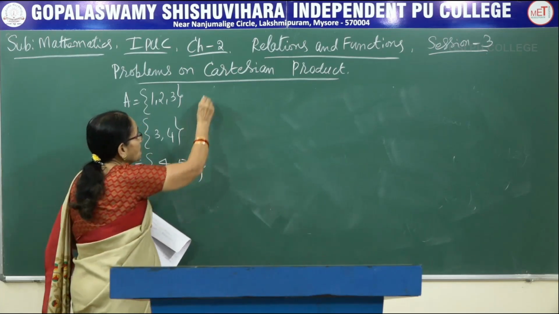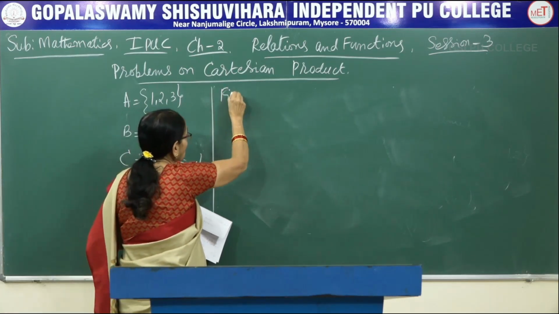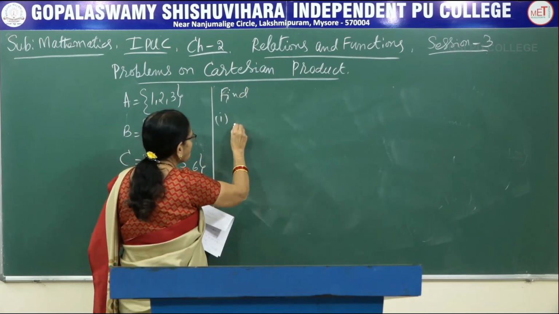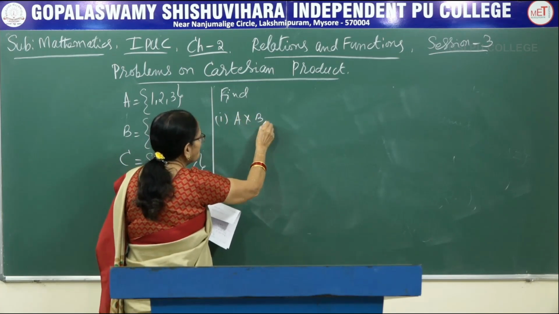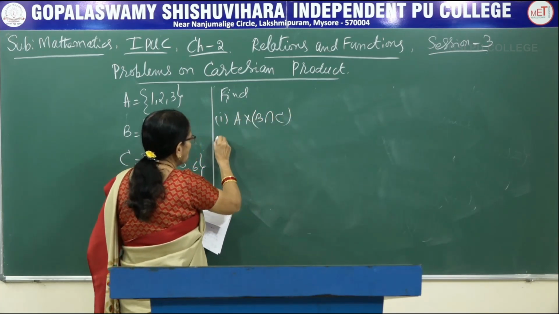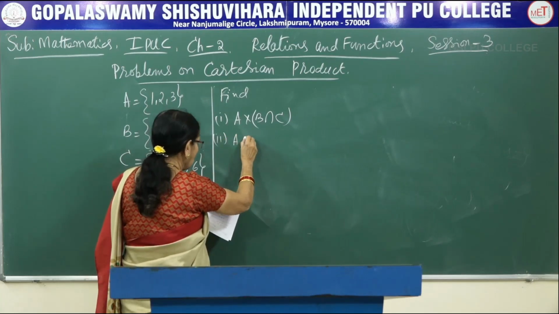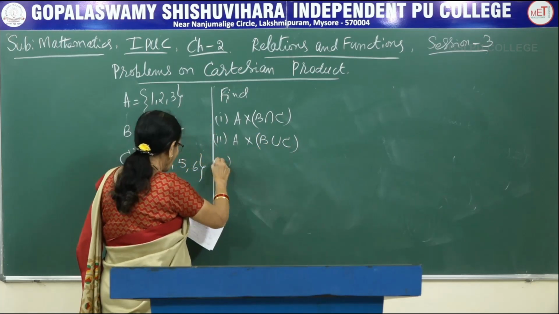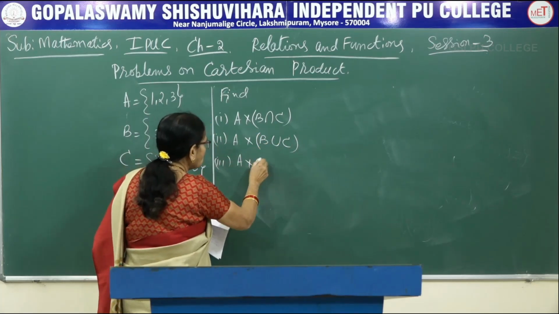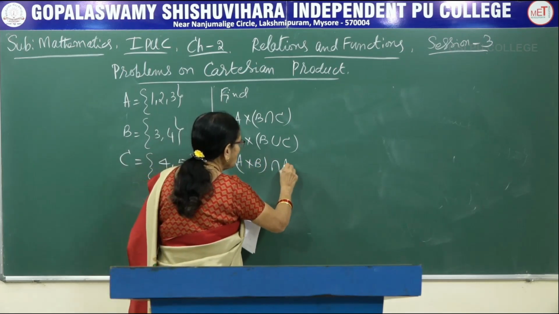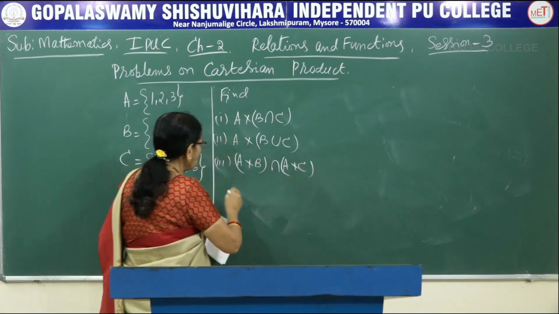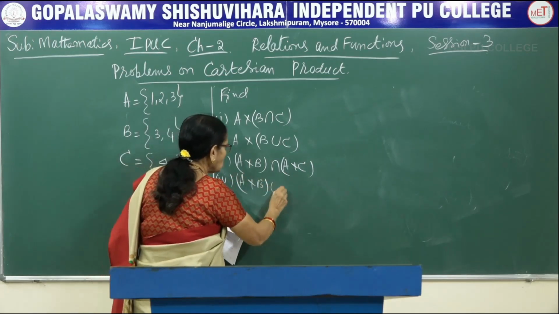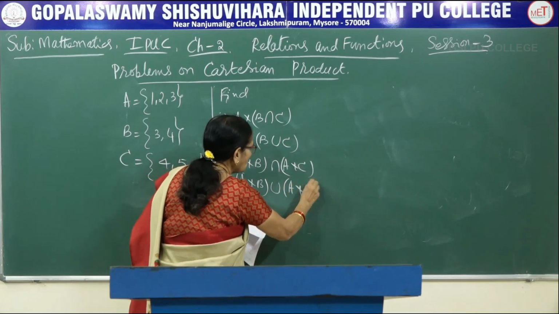What you have to calculate in this problem is find: first one, A cross B intersection C, second one A cross B union C, third one A cross B intersection A cross C, fourth one A cross B union A cross C.